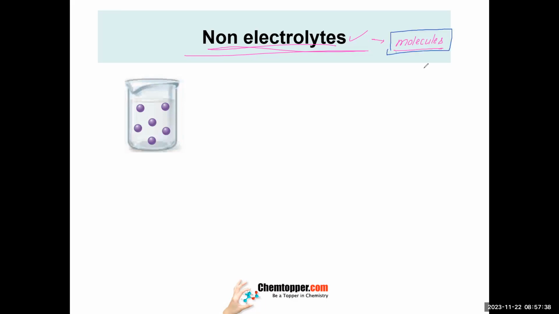Question for all of you. C12H22O11. This is sugar. Is it soluble in water? Sugar is soluble in water, we all know. And is it going to dissociate into ions? No.